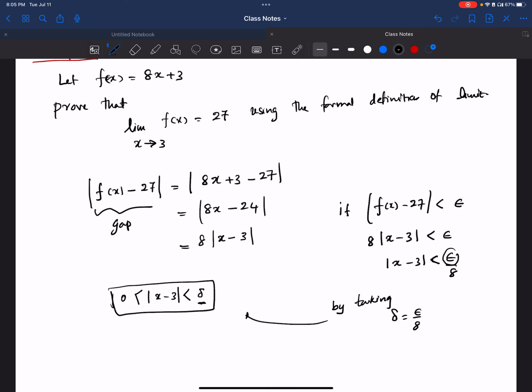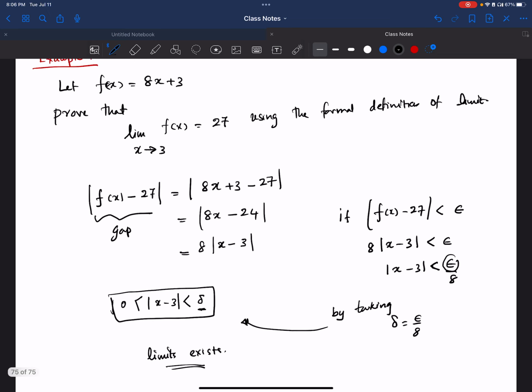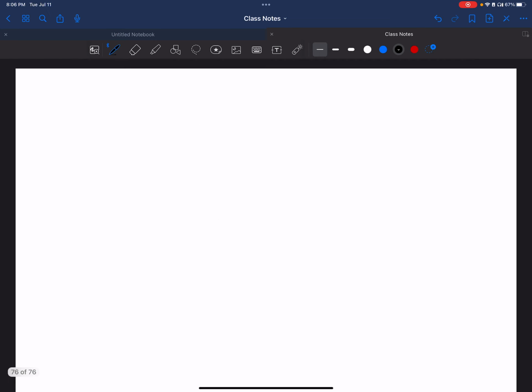So that means, with our choice of delta equals epsilon over 8, we have proved that the limit exists. The limit exists. Okay, does that make sense? So go to example 2.